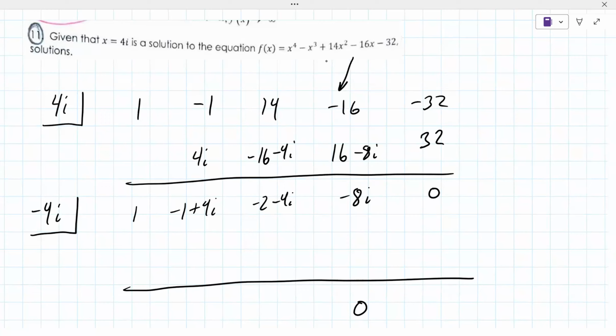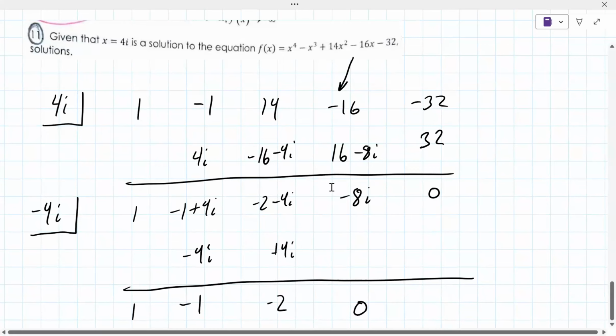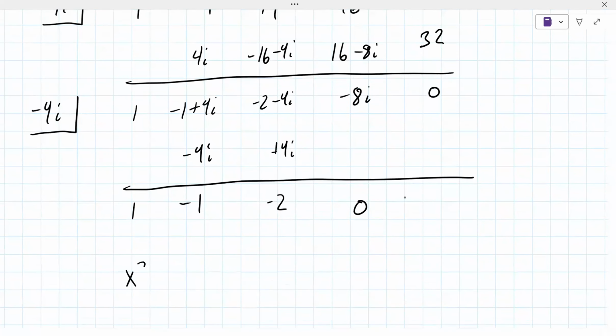Yeah, I got it too. So I got one, then minus one, minus two, and zero. So here we go. We got x squared minus x minus 2. Can you try factoring that for us, please?